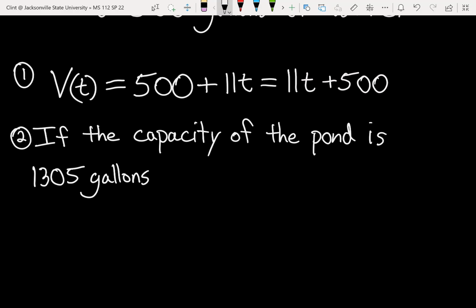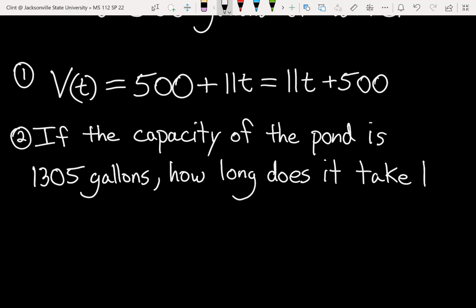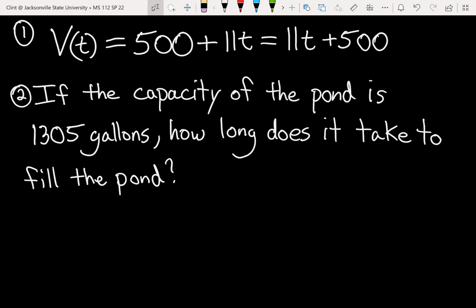And so capacity of the pond is 1,305 gallons. How long does it take the pond to fill up? So we want to know.